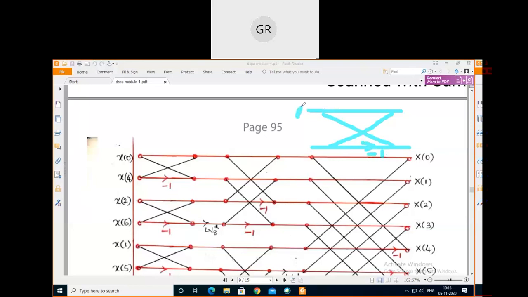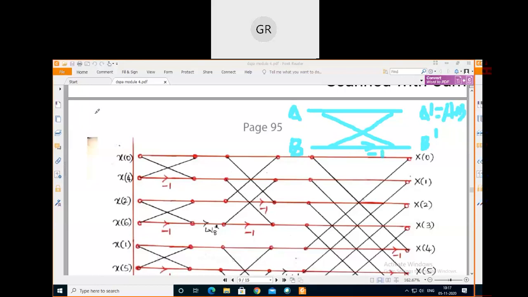Input A, input B. Okay, here if it is A dash means this is A dash, B dash. See here, what is A dash? A dash is equal to A plus B. What is B dash here?